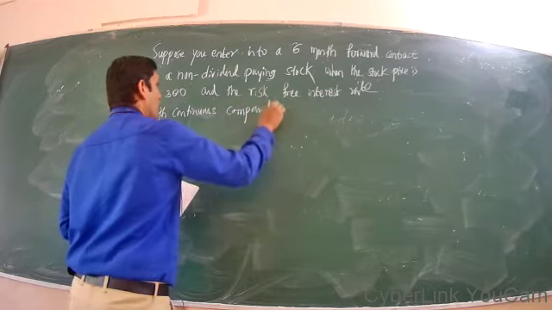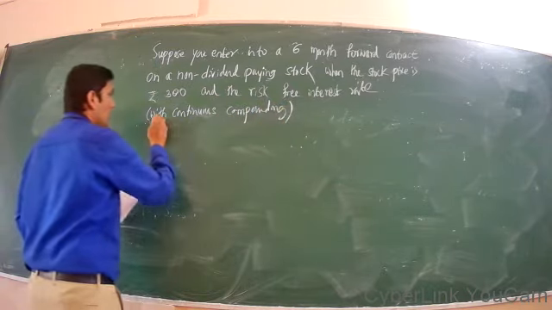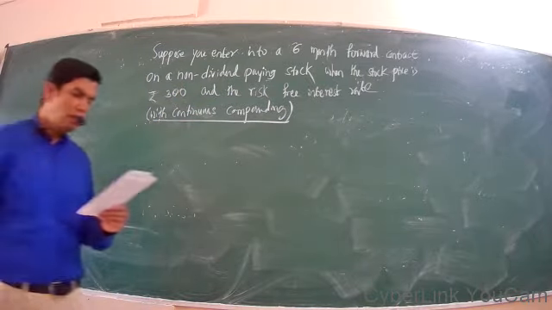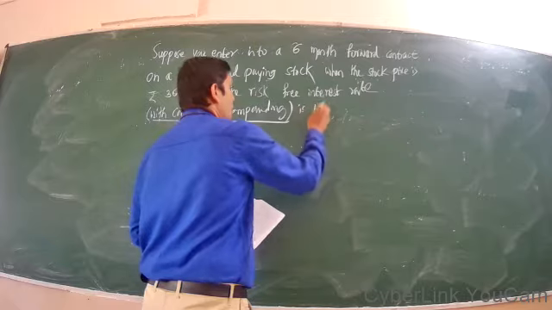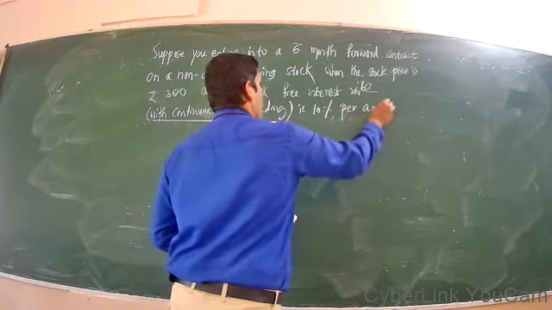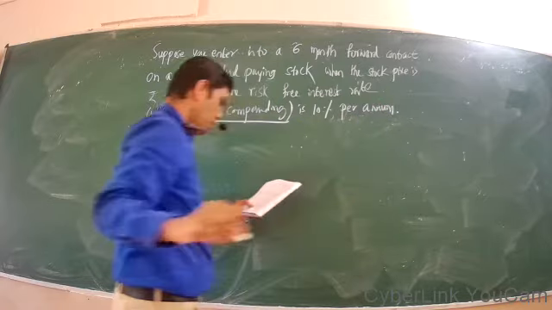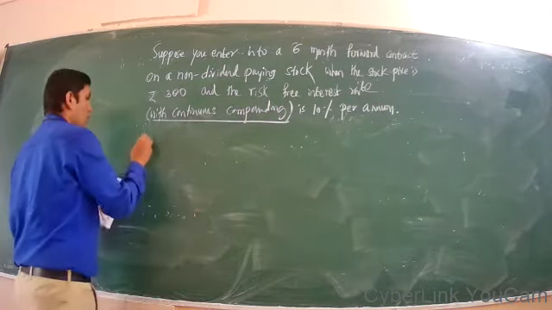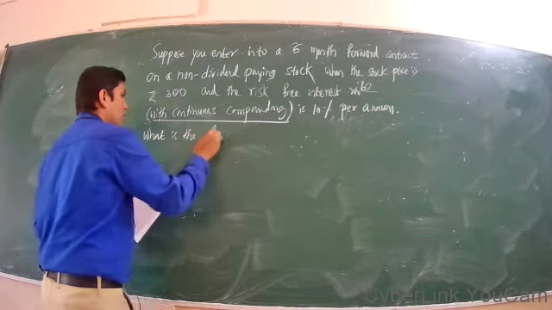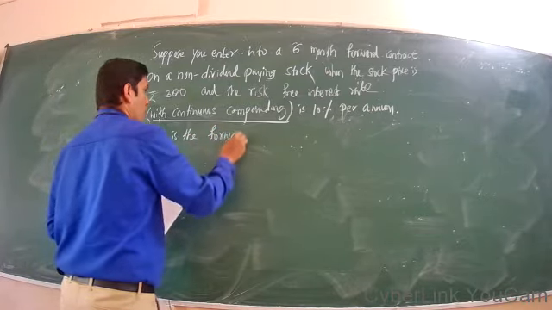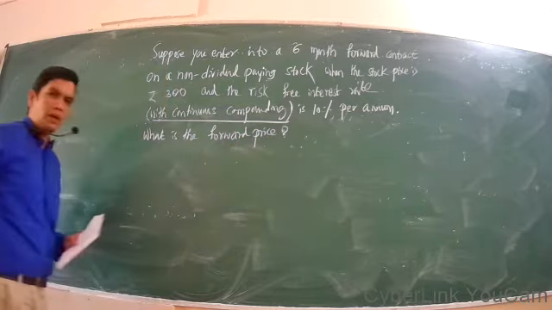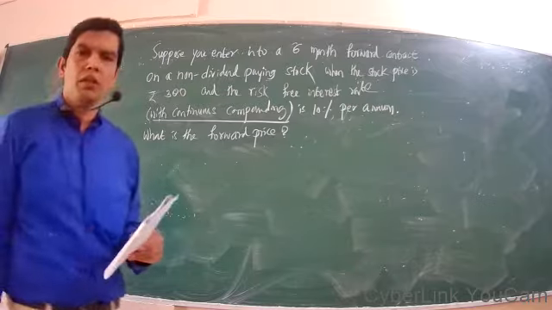So let me underline this. The risk free interest rate with continuous compounding is 10% per annum. What is the forward price? So this is the question.